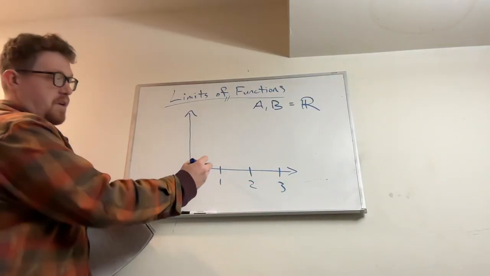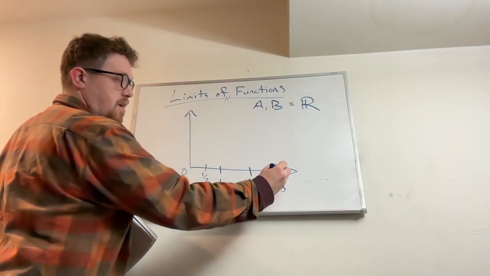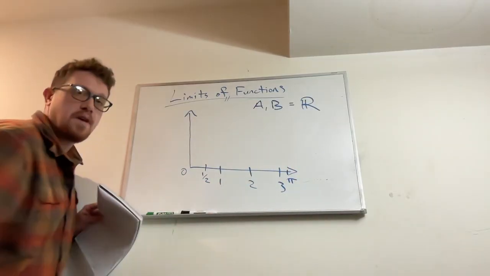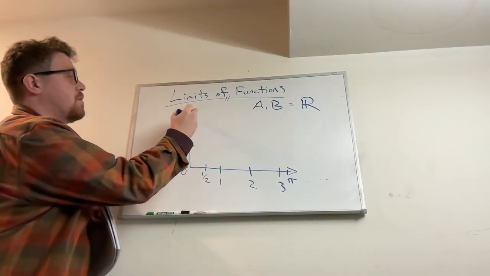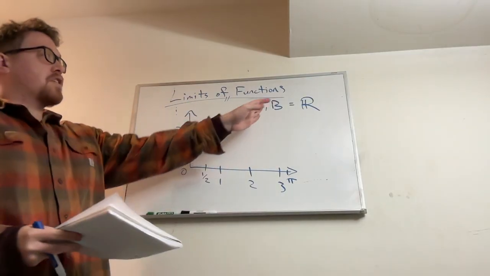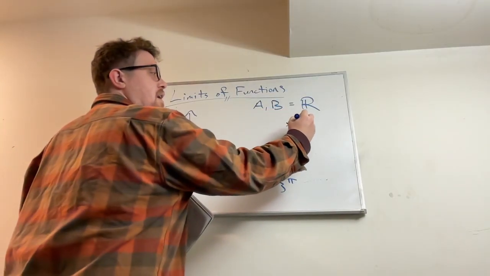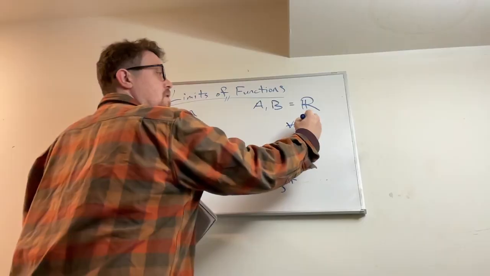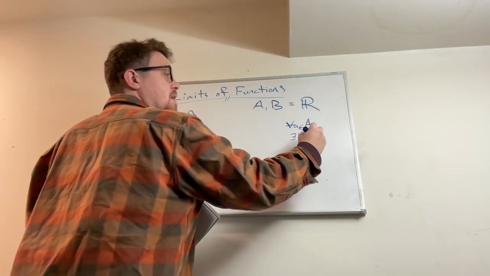And because it's the real numbers, we have all the numbers in between, right? All the fractions. And there's also pi out here somewhere. So we have all the irrational numbers as well. 1, 2, and so on. And so it's a function, right? Remember, we said it's a function if for every a in A, there is a unique f of a.